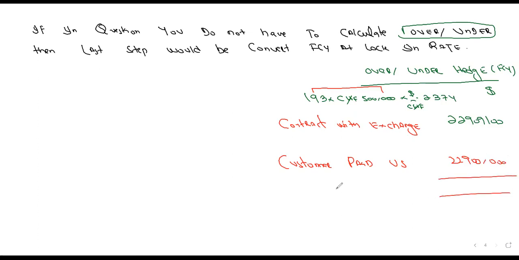So how much is the balance? 9,100. Now first of all, you have to identify whether this is over hedging or under hedging. This is overhedging. Why? Because our number of contracts was coming as 192.9, and we have taken 193. So we are doing the overhedging. This is the overhedge amount.